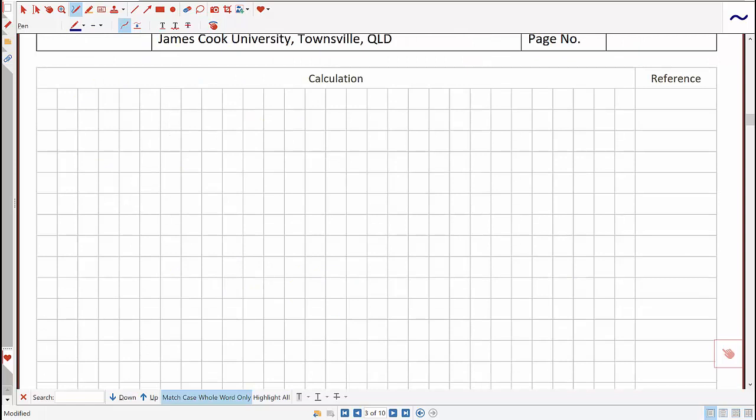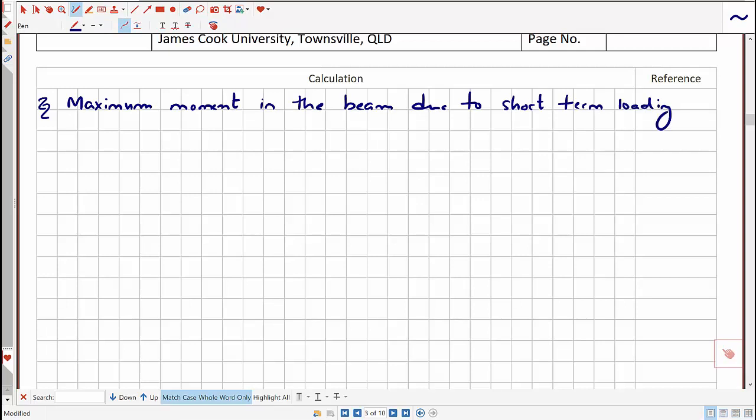Now the next step is finding the maximum moment due to short-term loading. We know that the short-term loading w short is 13.6 kilonewton per meter.